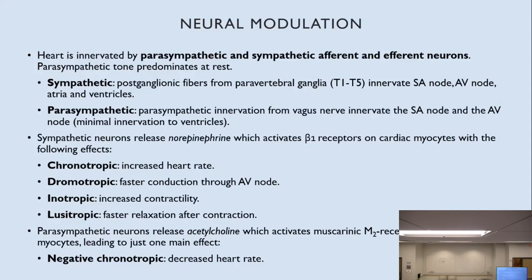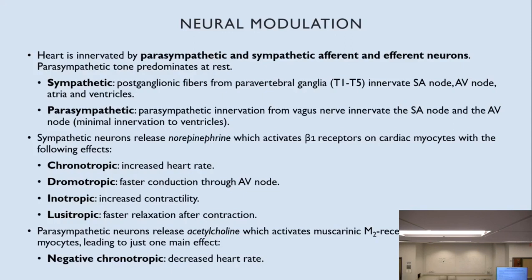Okay. There are medications that are dromotropic. Dromotropic simply means increases the conduction velocity in the AV node. This is one of the things that norepinephrine does.